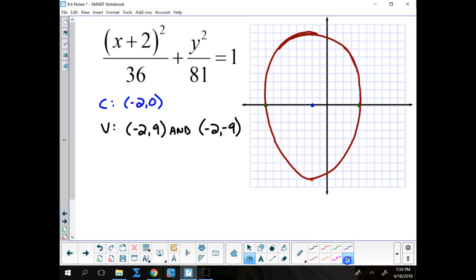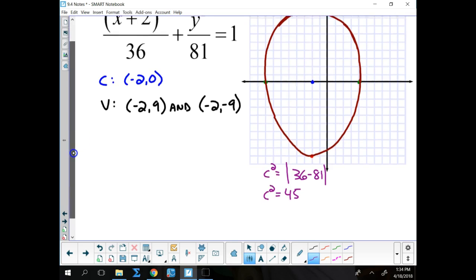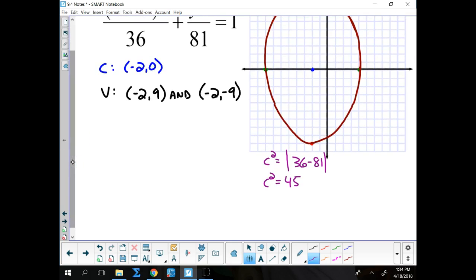Okay. C squared. Absolute value of 36 minus 81, 45. So what's C? Three square roots of 5. Okay. And am I going to add that to X or Y?